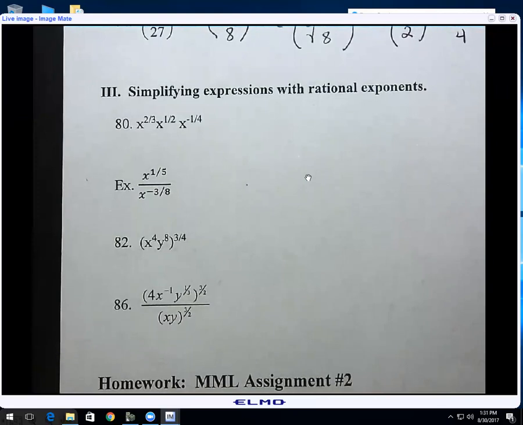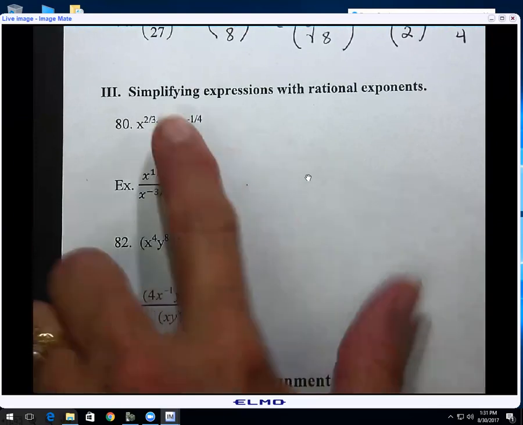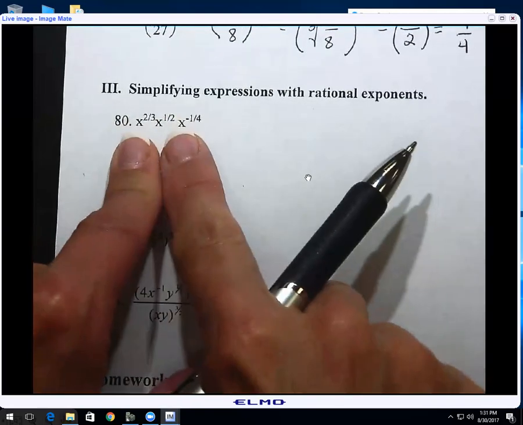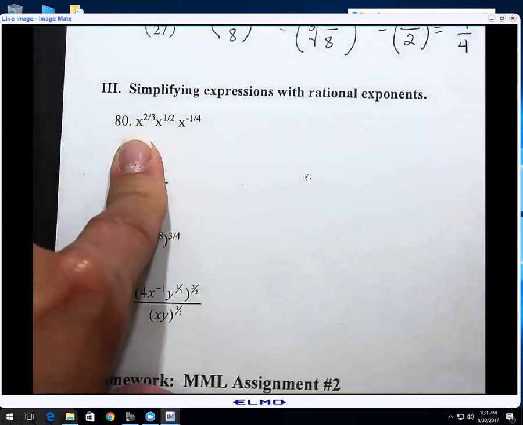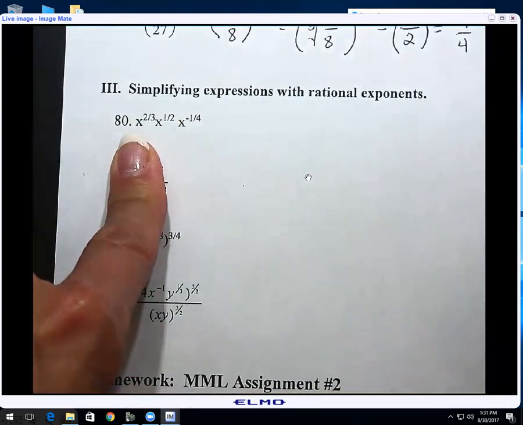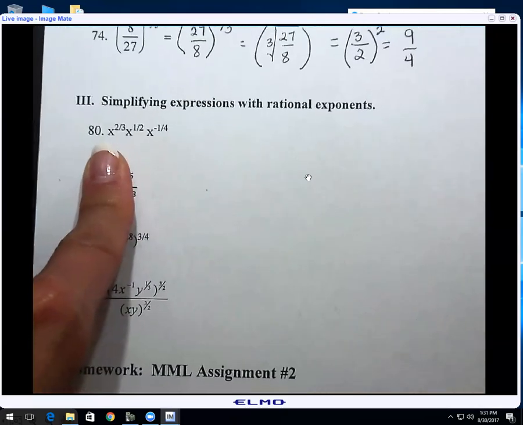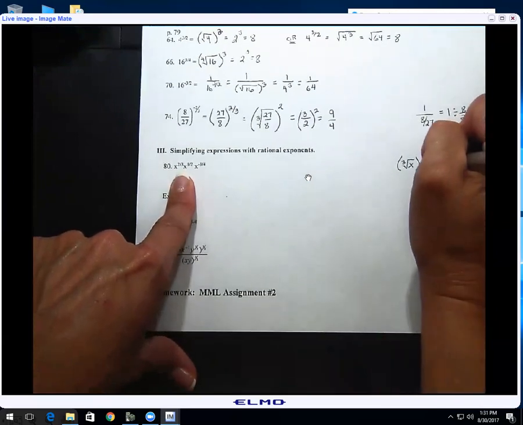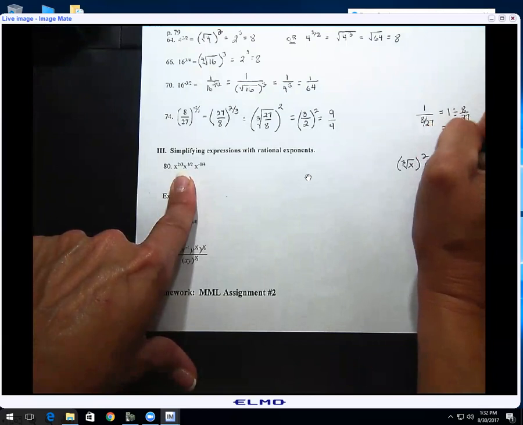The whole reason for the development of rational exponents is because exponents are easier to work with than radicals. We already know our rules for exponents. If I wrote this problem with radicals, it would be the cube root of x and then squared, and then the x to the 1/2 would be the square root of x.